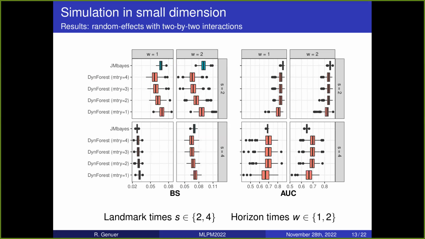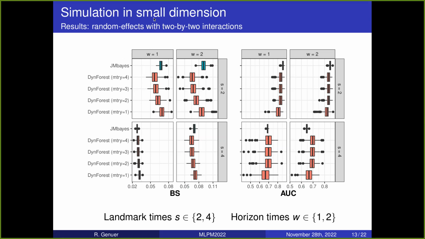So this is what we get in the small dimension case. Here the link between the probability of event is on a random forest, and we also add a 2x2 interaction between the random effects. So we have something which is not linear because of this interaction.